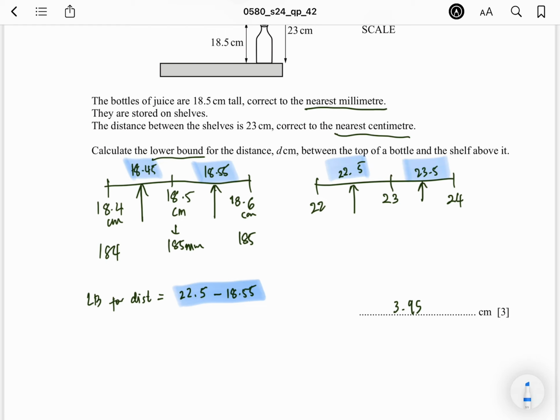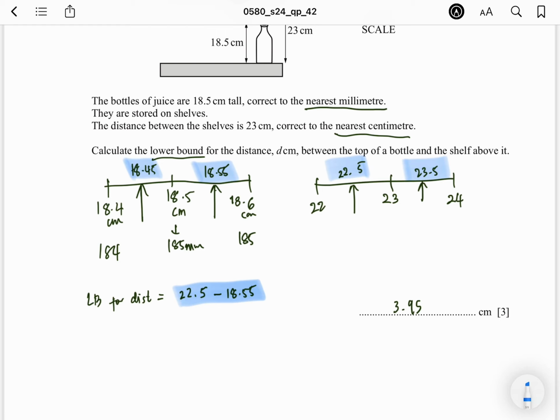Yang di lower bound. Boleh satu markah lagi. Ini dua markah lah. Ataupun instead of 22.5, dia pakai 23.5 minus 18.55. Tapi yang penting memang the first number should be the measurement of the shelf. Okay, minus measurement, whatever measurement of the bottle, the boundaries of the bottle. So you get that one mark.